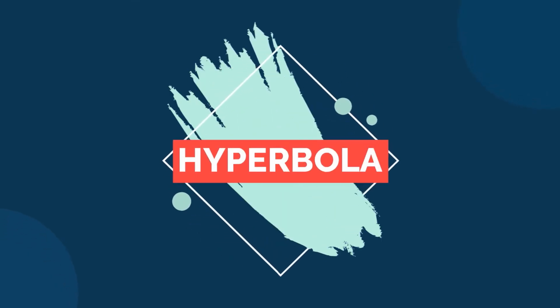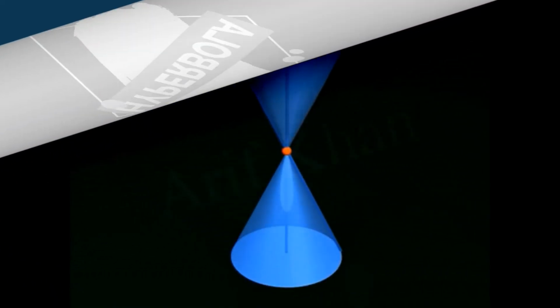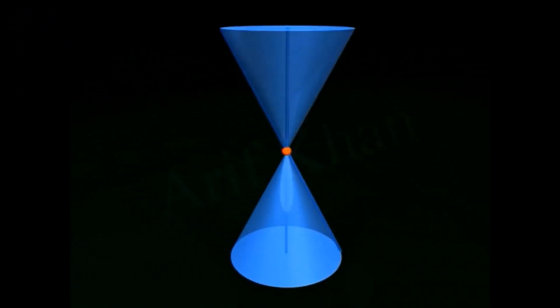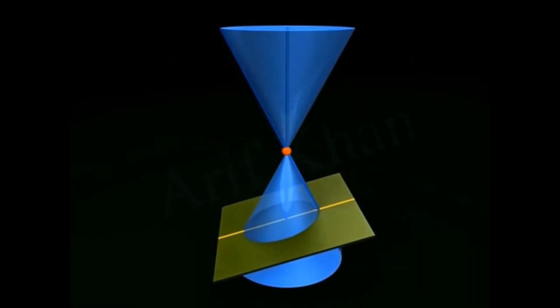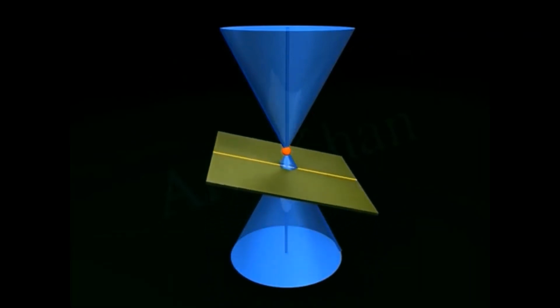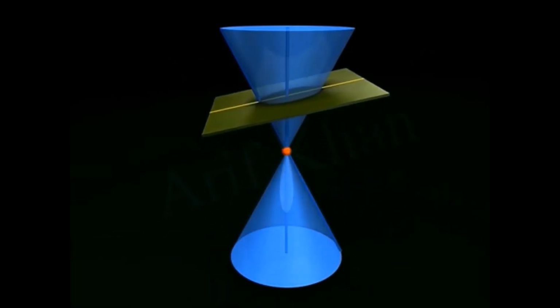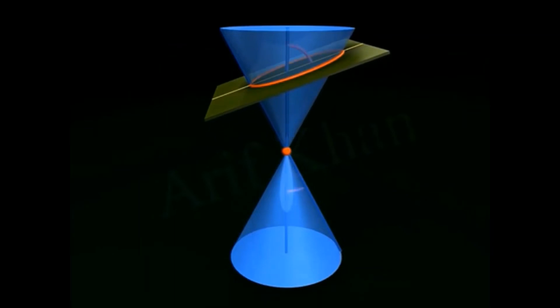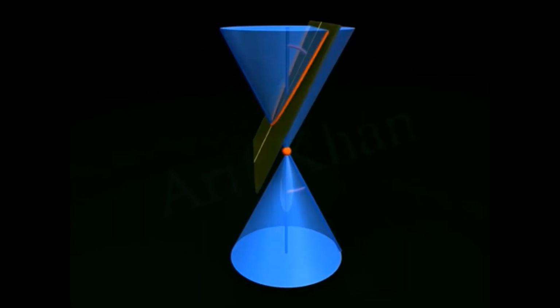Then comes the hyperbola. The plane intersects only one nap of the double right circular cone for as long as the angle between the cutting plane and the vertical axis is greater than or equal to the vertex angle.